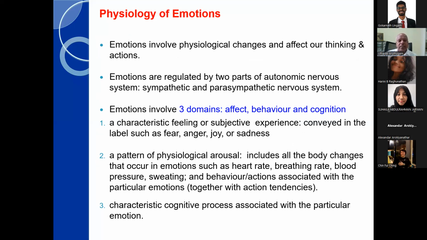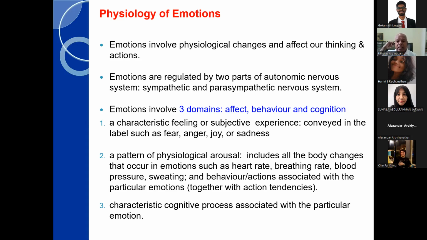But until the 50s, emotions involve physiological changes and affect our thinking and action. Okay, notice: emotion, thinking, which is cognitive, and what they call actions, behaviors. Those three things are important.